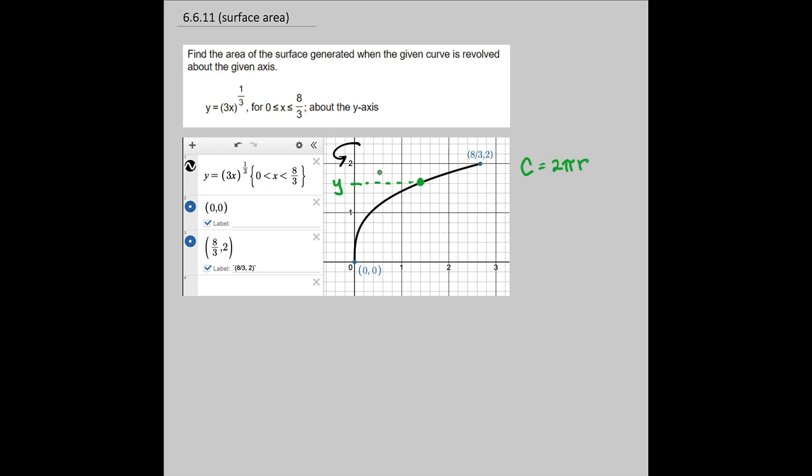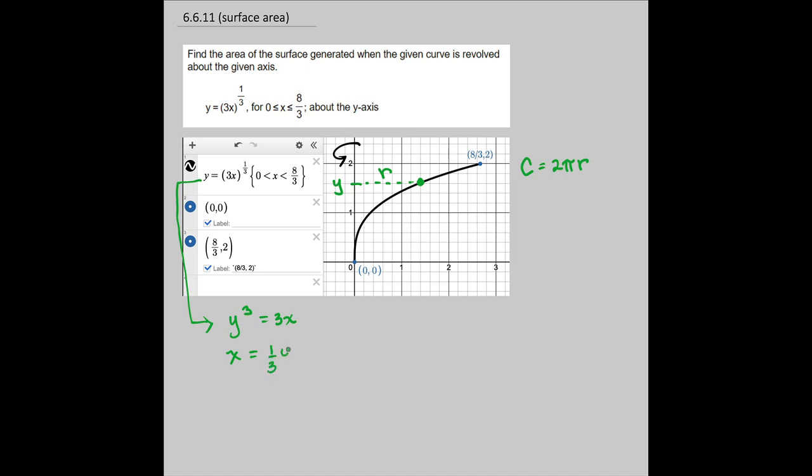Now the radius is an x value. It's measuring horizontal. And so what we need to do is take the function and rewrite it in an equivalent form where x is isolated. So we will cube both sides, and we will divide by 3.